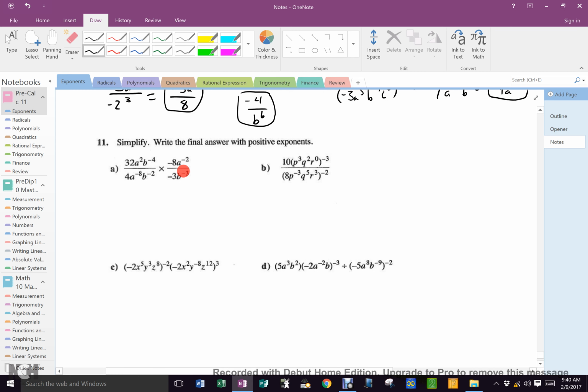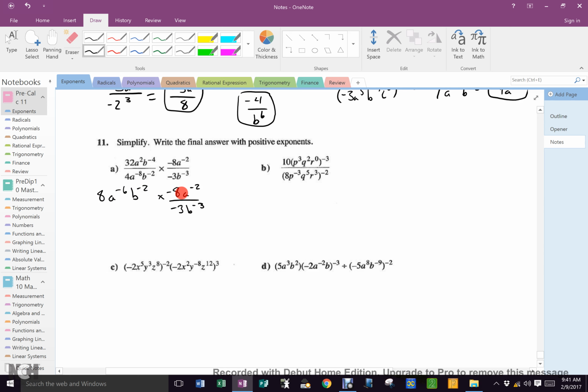And simplify these. I would simplify here first to get 8a to the negative 6, b to the negative 2 times negative 8, a to the negative 2 over negative 3, b to the negative 3.